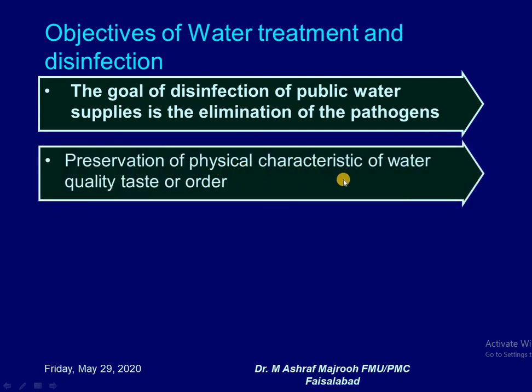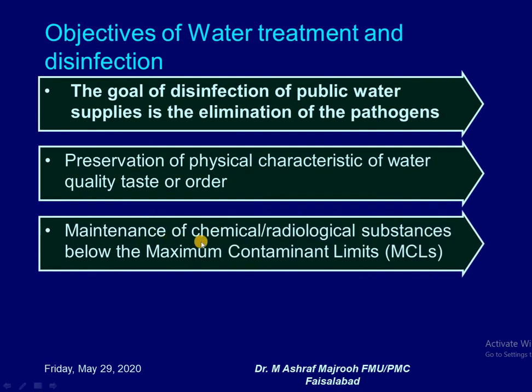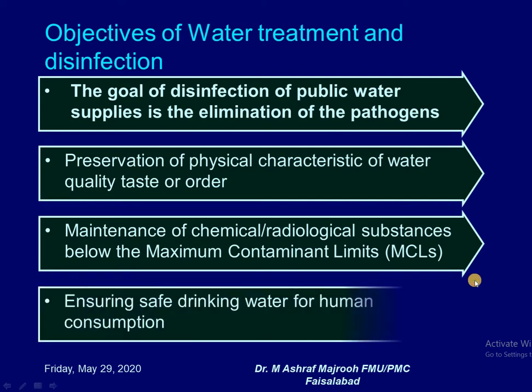Then, preservation of the physical characteristics of water quality, like taste or odor and other aesthetic elements of water. And then maintenance of chemical and radiological substances below the maximum contaminant limits under the regulations. This is very important, along with ensuring safe drinking water for human consumption. These are the objectives of water disinfection.